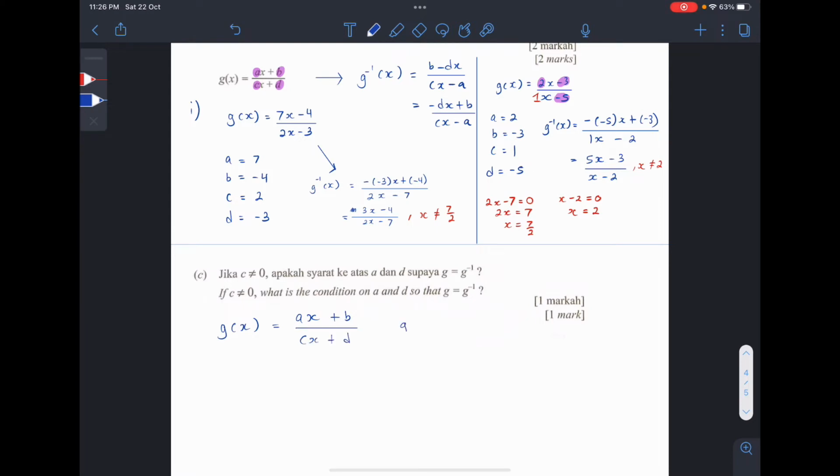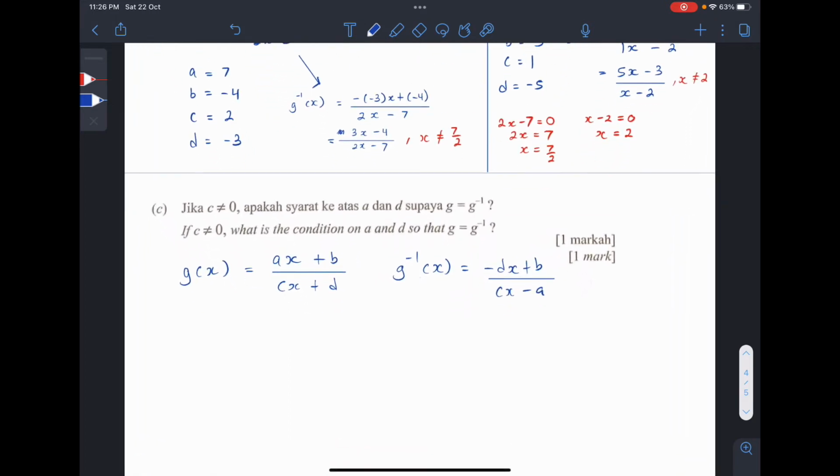I'm also going to write down my inverse function, and I'll write negative dx first. So (negative dx plus b) over (cx minus a).